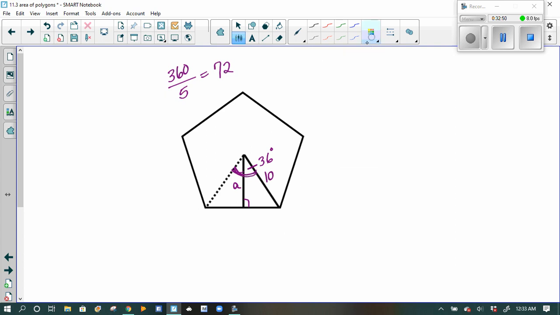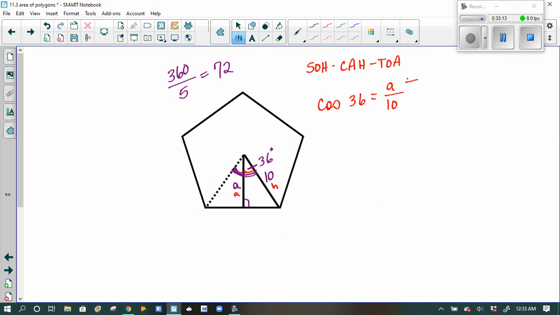So if this is the hypotenuse and this is adjacent to this angle, then that's cosine, okay? So if we go back to this little rule here, so the cosine of 36 is adjacent over hypotenuse.